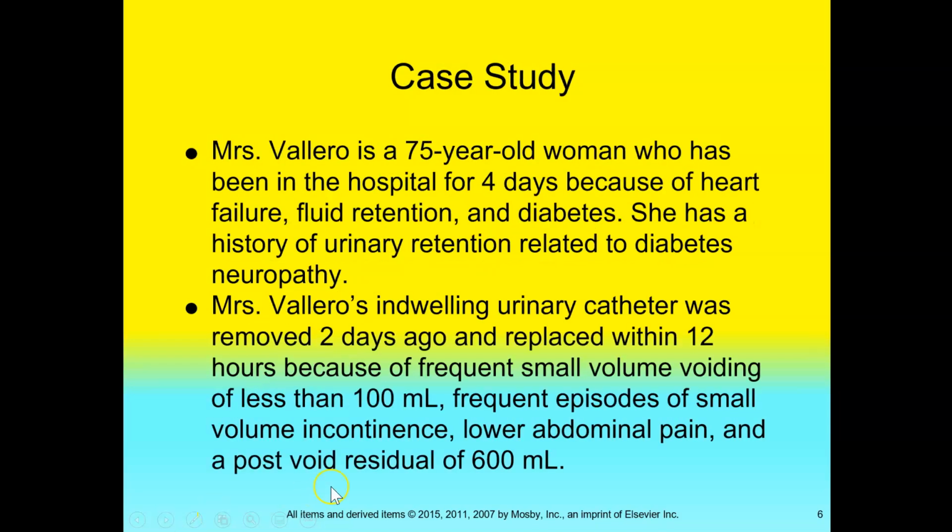We have this case study of Mrs. Valerio, a 75-year-old woman who has been in the hospital for approximately 4 days. Because she has heart failure, she got fluid retention, and she has diabetes, so you can see this lady is relatively sick. She has a history of urinary retention, which means she's retaining urine, related to her diabetes and her neuropathy.